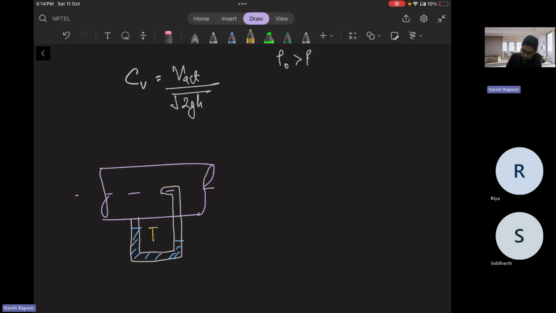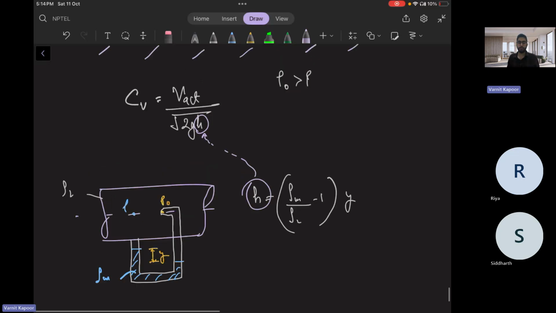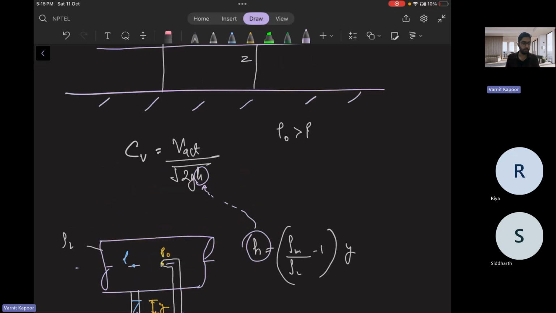Let us suppose that this is Y. Here pressure was P, here pressure was P naught. This is rho M, this is rho L. So again, H will be (rho M by rho L minus 1) into Y, and you can put this H here to get the coefficient of velocity.